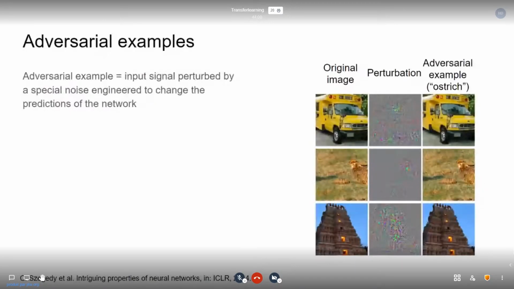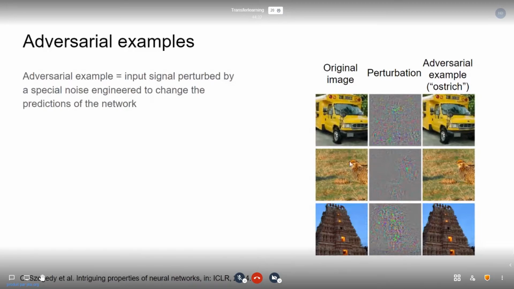Before explaining how the heart attack works, I wanted to give a bit of background about adversarial examples. An adversarial example is an input signal to a deep learning algorithm, or actually any sort of machine learning algorithm, which is perturbed by a very special noise, engineered to change the predictions of the network or whatever target machine learning algorithm. Here on the slides is an example of adversarial examples from computer vision.